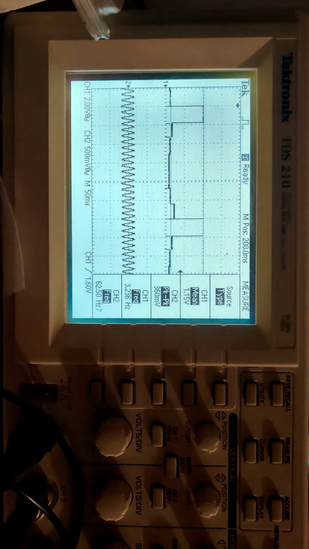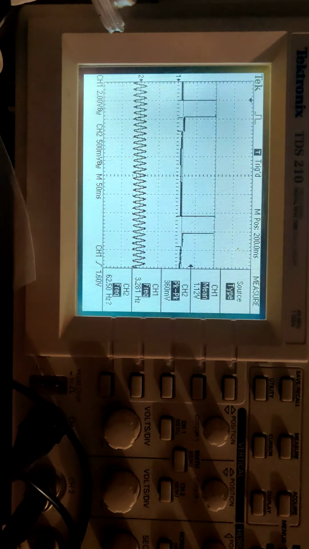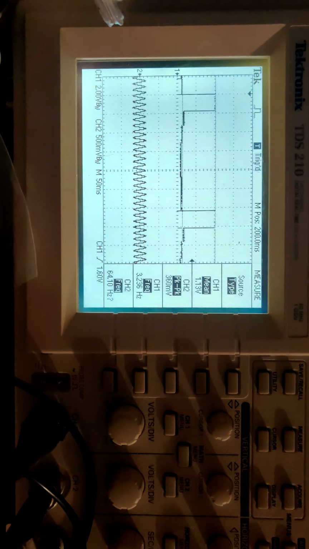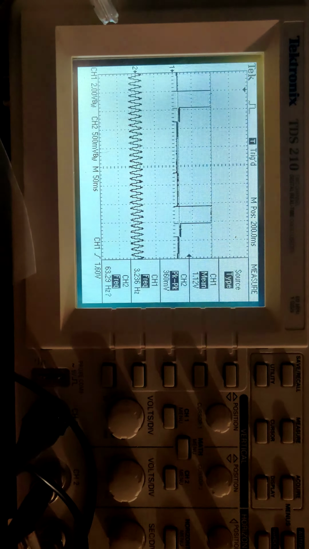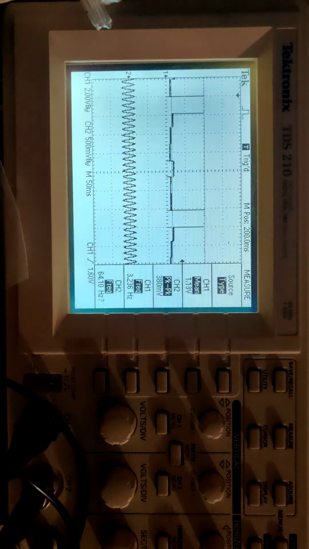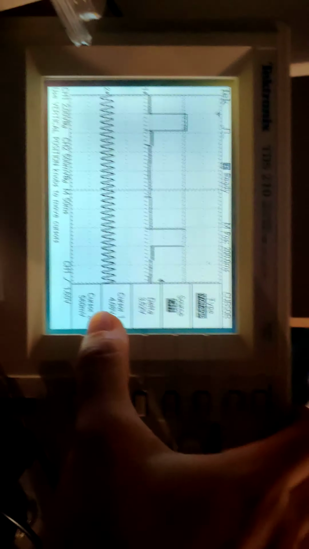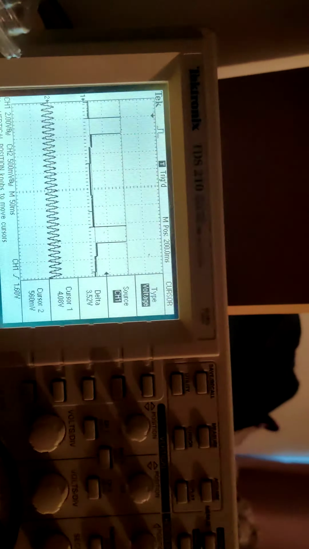I'm feeding more or less 300 millivolts peak to peak, and I can see my output clearly, as expected, around, if we use the cursors, 4 volts. And that's what they say here.